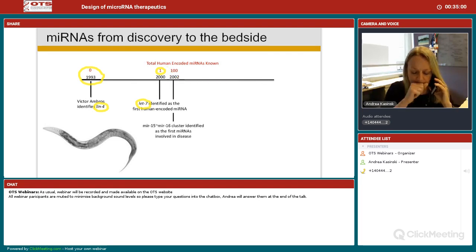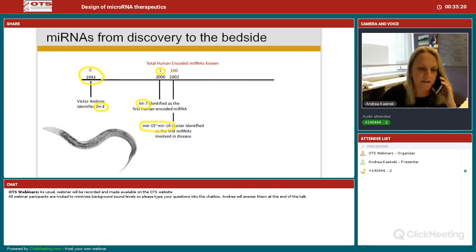The next 2 years really caused a breakthrough in the field when it was identified that there are many microRNAs in the human genome, and moreover that deletion or gain of function of some microRNAs, in this case 2 microRNAs co-expressed in a cluster, miR15 and 16, were determined to be lost in chronic lymphocytic leukemia patients.